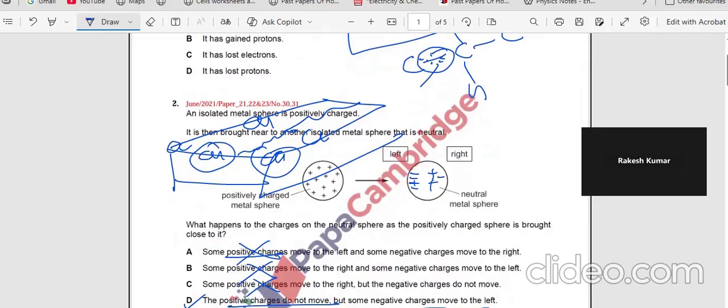The positive charge will always be where it was, but this part will have an excess of free electrons, and this part will become deficient. So we will have a negative charge here, even though the positive ions are still there, because of the attraction they are having. Understood?